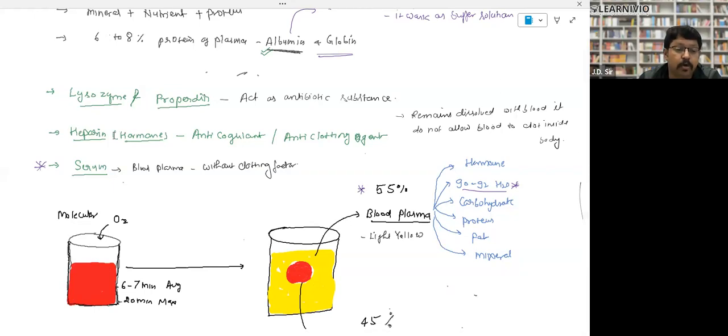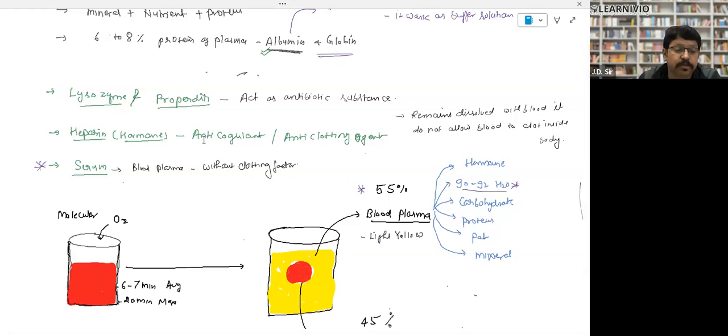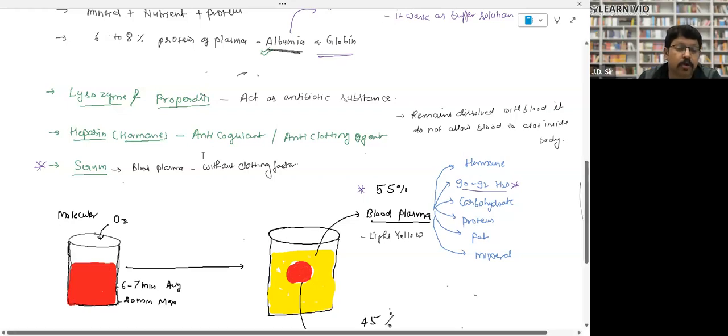Heparin does not allow blood to clot inside our body. That's why heparin is known as an anticoagulant. Coagulation means clotting. So this is called an anticoagulant or anti-clotting agent. Heparin is known as an anti-clotting agent or anticoagulant.